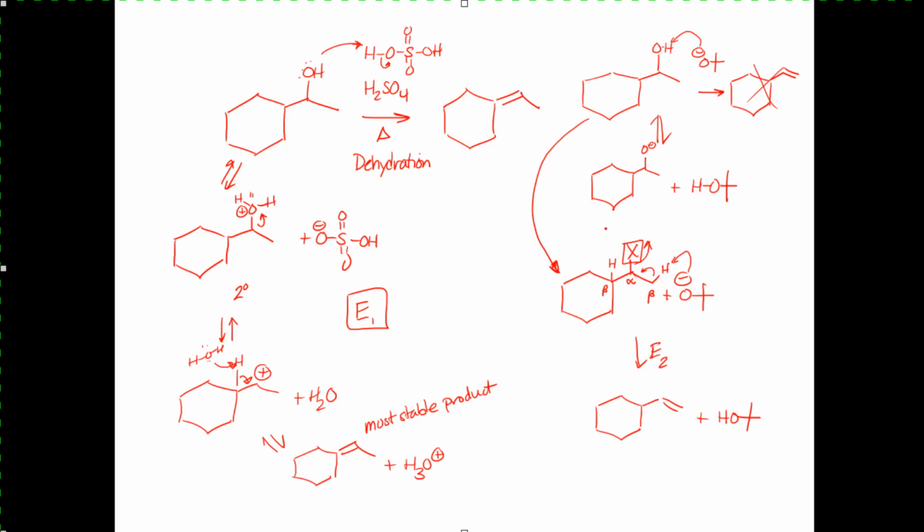And how would I do that? Just react it with HCl, HBr, HX. And that would turn that alcohol into this halogen. Then react the halogen with tert-butoxide, and I could get my least substituted double bond.